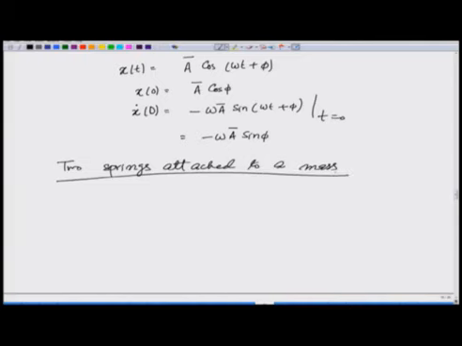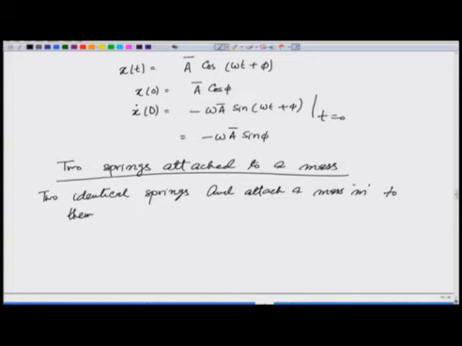So, the problem says that if we have two identical springs and attach a mass m to them in the following two configurations.